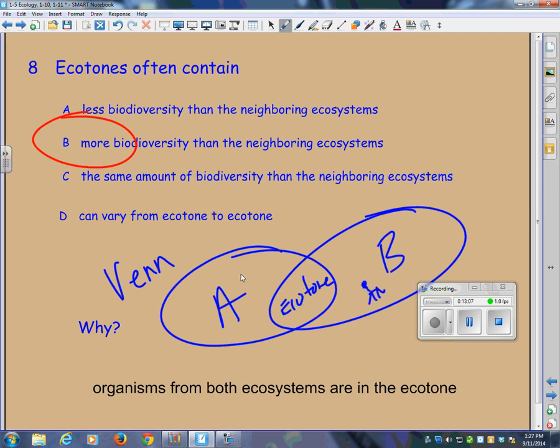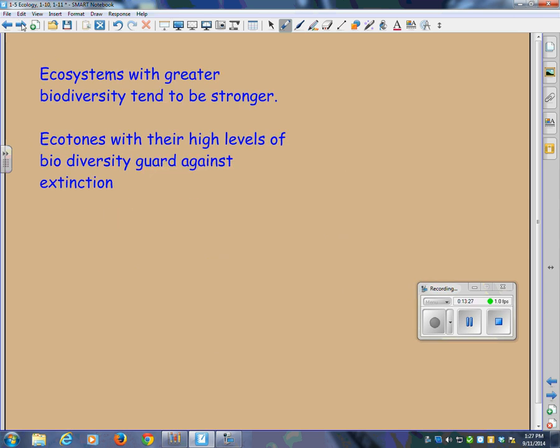There's other ones over here, the same kind of looking thing, they're just red. They go into the ecotone. So this area here has red animals and blue ones. Does that make sense? And we call that more biodiversity. And regions with greater biodiversity tend to be stronger. They tend to last longer.